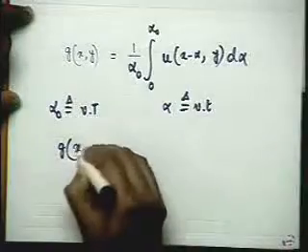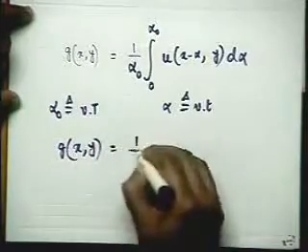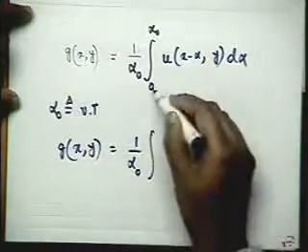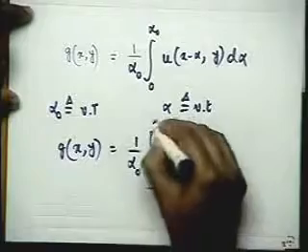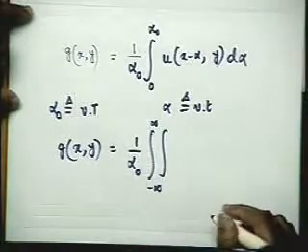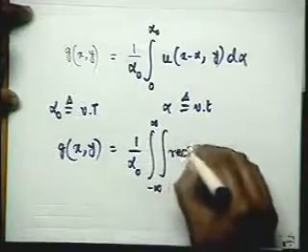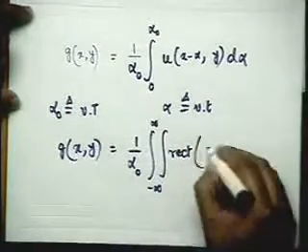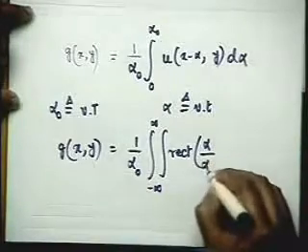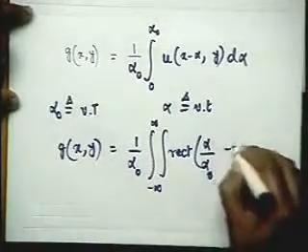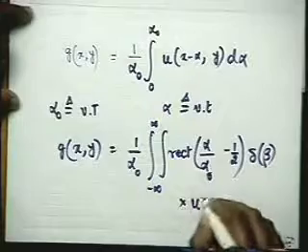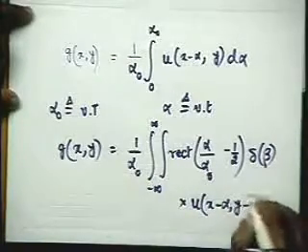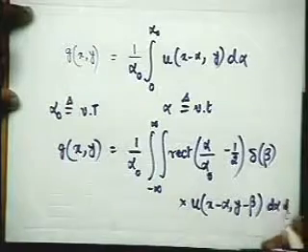So this same expression can now be written as g(x,y) equals 1 upon alpha 0, and instead of keeping the limits of integration from 0 to alpha 0, we converted both the integration limits from minus infinity to plus infinity, and thereafter introduced the rectangular function with argument alpha by alpha 0 minus half, delta beta, multiplied by u of (x minus alpha, y minus beta) d alpha d beta.